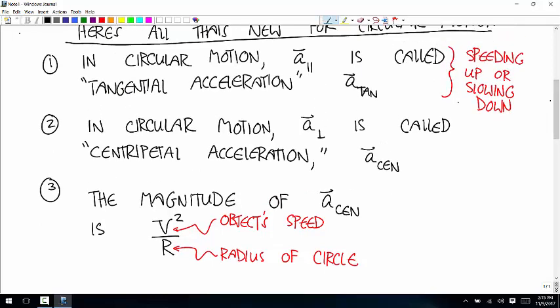Okay, so the tangential acceleration has to do with speeding up or slowing down. Centripetal acceleration has to do with turning. We can think of this one as the acceleration that makes the thing move in a circle, or makes the path circular.